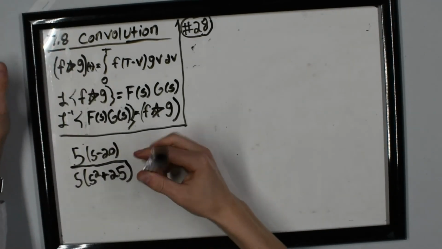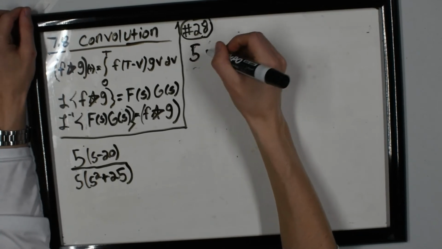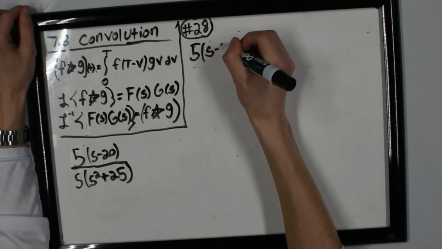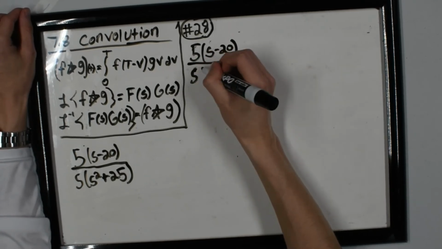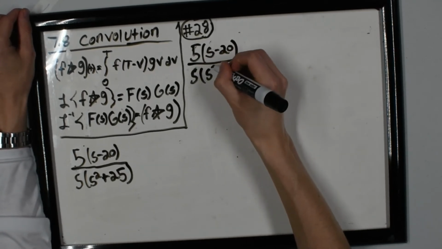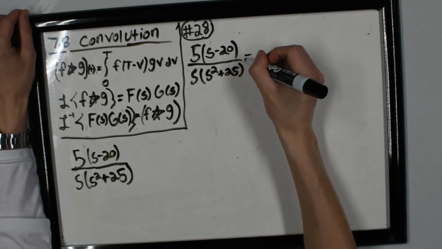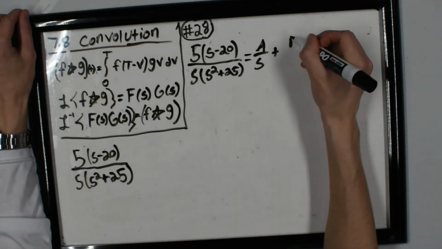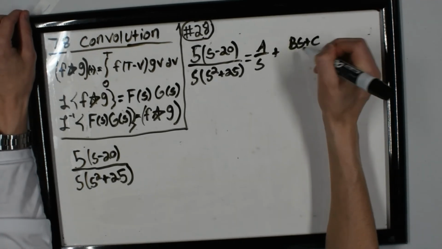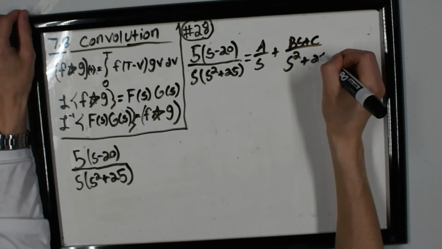Alrighty. Now what we've got to do here is just basically a simple partial fraction. 5 times s minus 20 over s times s squared plus 25 is equal to A over s plus Bs plus C over s squared plus 25.